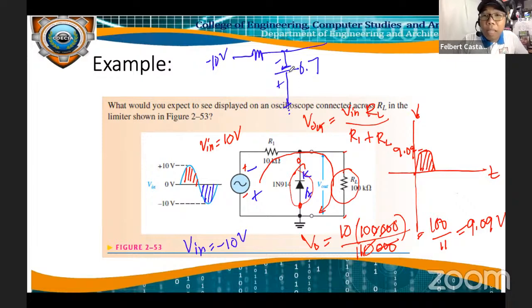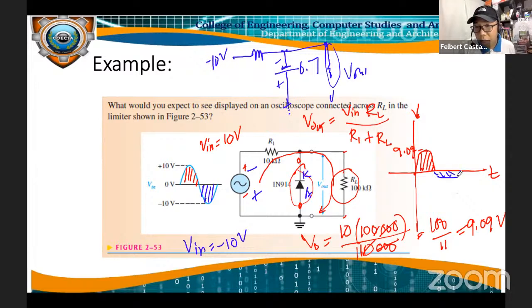Kapag gumana si diode na to, tapos meron kang resistor dito, wala nang effect. Wala nang silbi yan. You can actually remove that kasi walang current dito. Nagets po ba? Ang nababasa mo, if you are to measure the V out, is actually mismong diode drop, which is 0.7. Check the polarity. Since negative yung input, negative 10 volts, ang nababasa mo dito is negative 0.7.